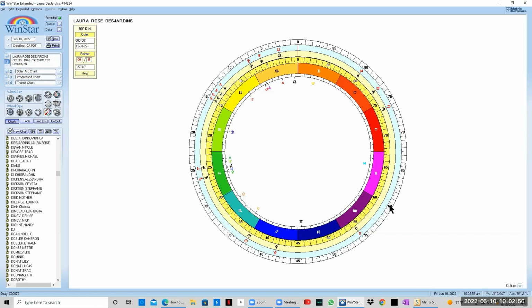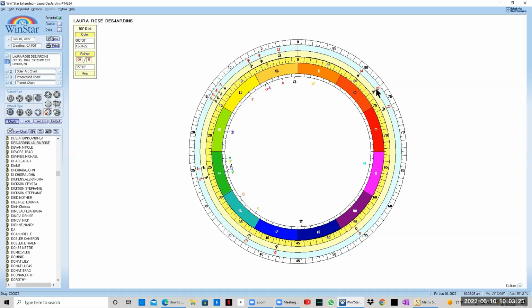So then the mutable positions are from 60 all the way up to 90. 0 is also 90 because this is considered a 90-degree dial. Up here it says 90-degree dial. So the first thing you're looking at is a 5, 10, and my moon is almost 14. So it sits at 13 something, almost 14. So that's the moon in Virgo, mutable.